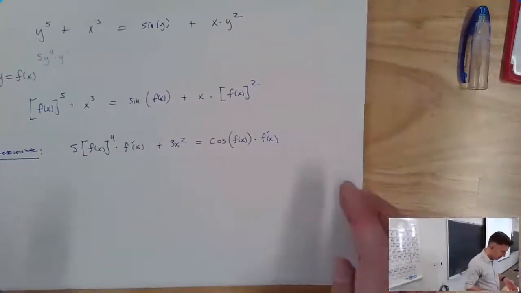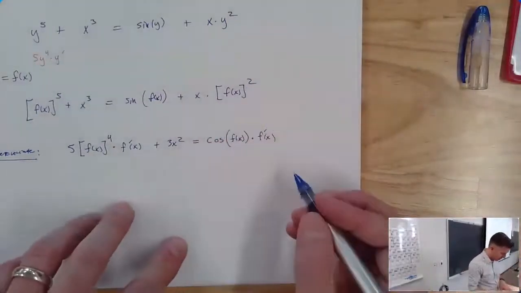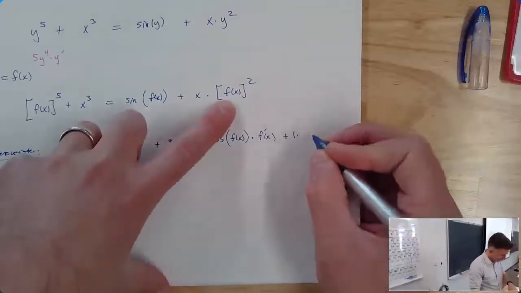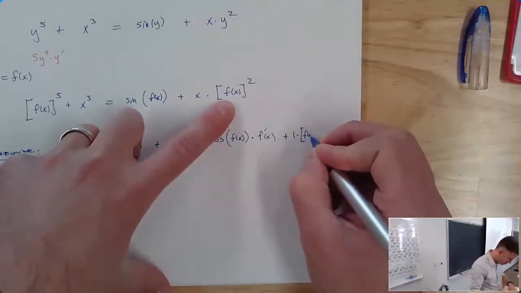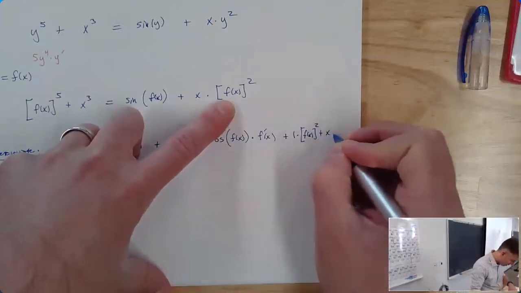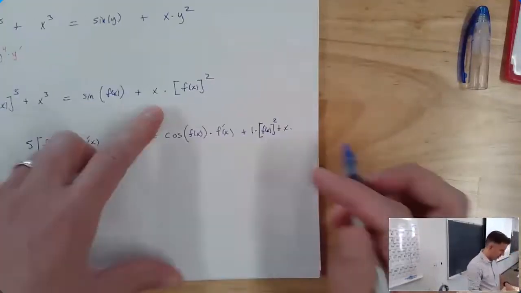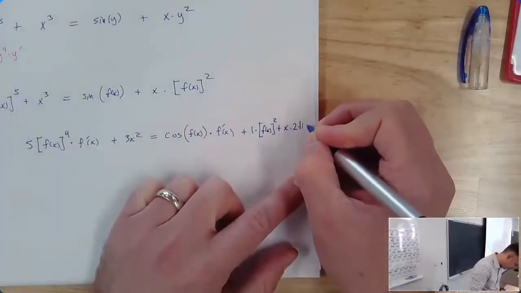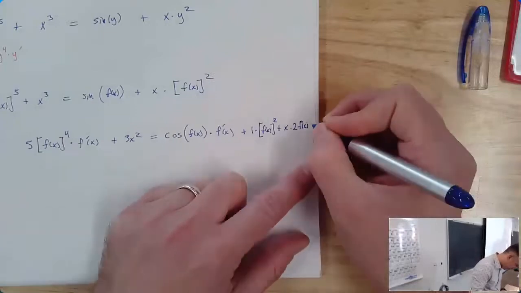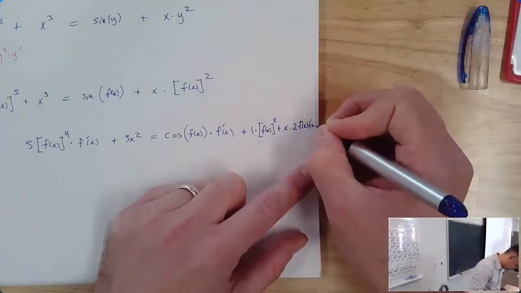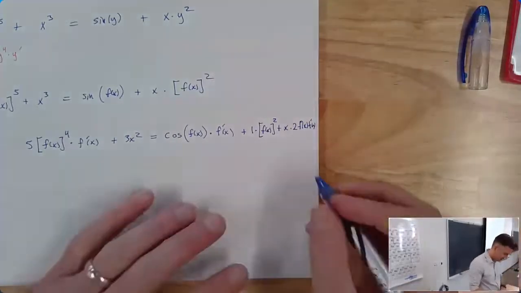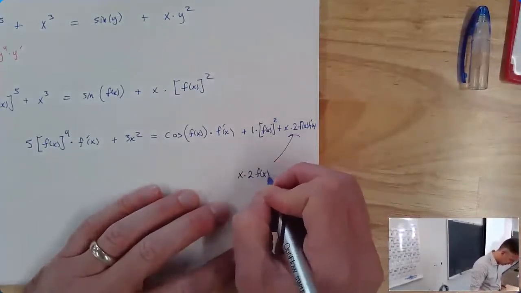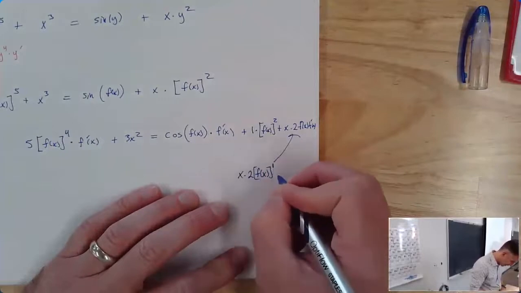And then lastly, if I have x times some stuff squared, I'm going to use the product rule and get 1 times the other thing left alone plus x times the derivative of this, which is going to be, well, I've got some stuff squared, so it's going to be 2 times my stuff, times the derivative of my stuff. It barely fits. Sorry, that's terrible. Okay, that's x times 2 f of x to the first times f prime of x.